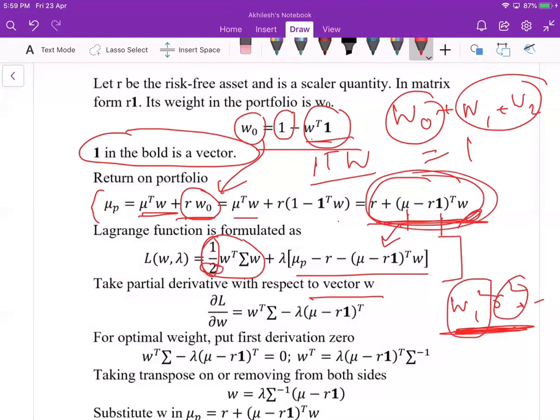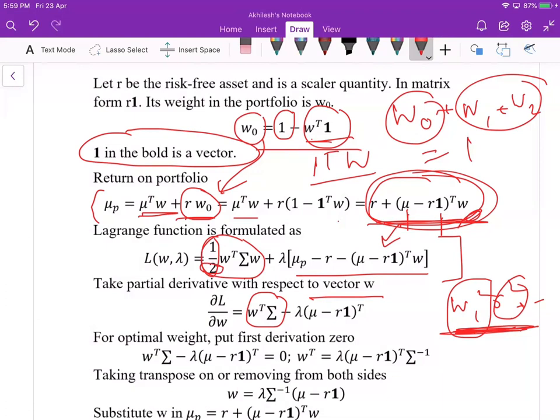So here the term is 2w1 and then sigma square. In the matrix form, it would be W transpose covariance matrix. When you differentiate it, you can do it in the term form or just in the matrix format.